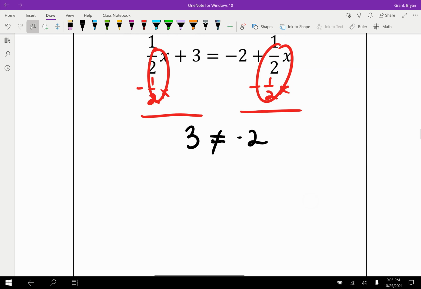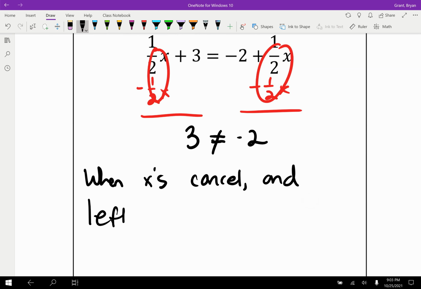So what does this tell us? Well, we should probably write a quick conclusion here just for your notes. When the x's cancel and the left number, what do we say about 3 and negative 2? Oh, is not equal to the right number.